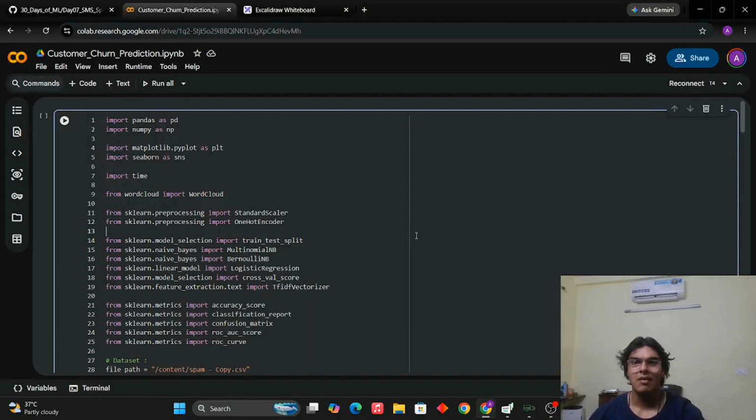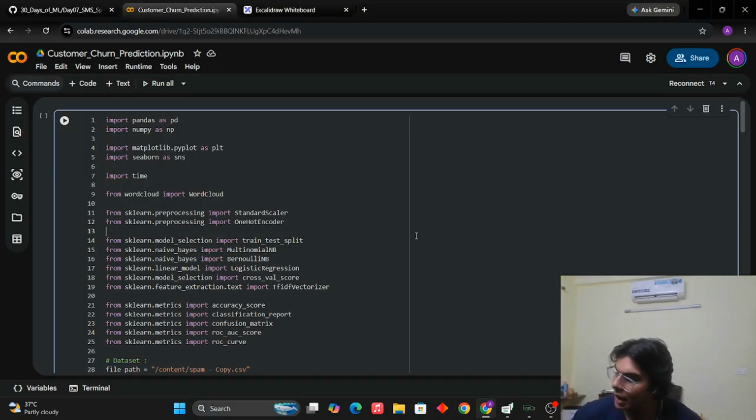But since in this case our data was very sparse and the distribution was different as well, we try to go for multinomial naive Bayes. And if the data set resembles a real-life data set, then of course we go for a Gaussian distribution and hence a Gaussian naive Bayes model. So this is the comparison of the model.